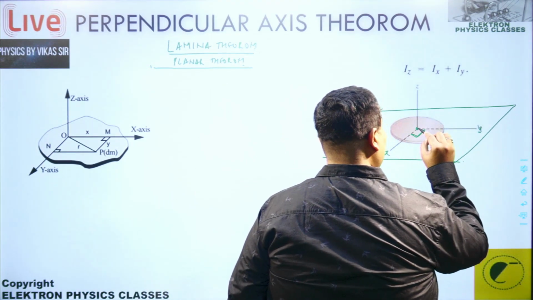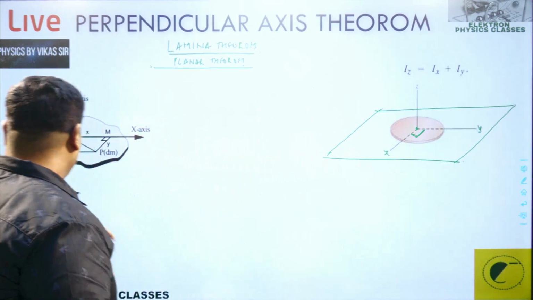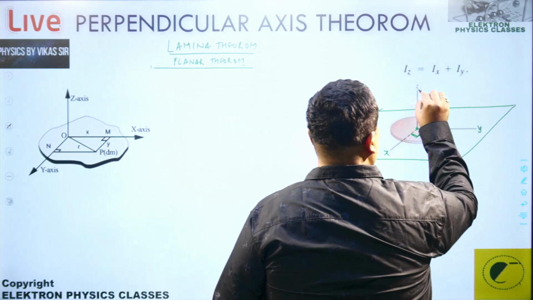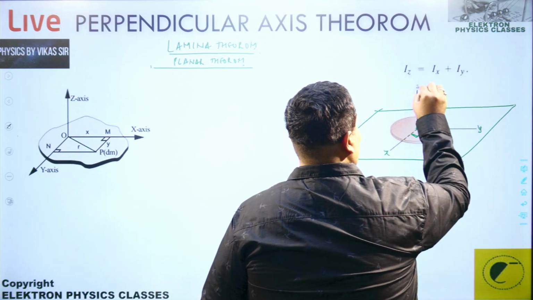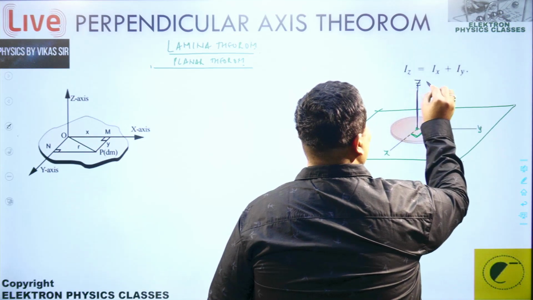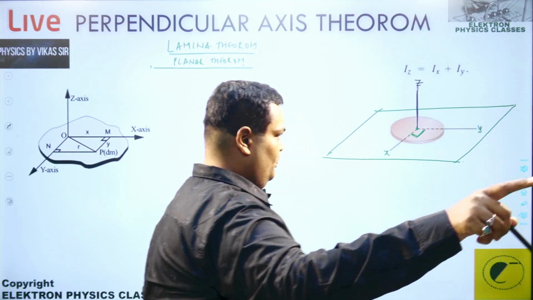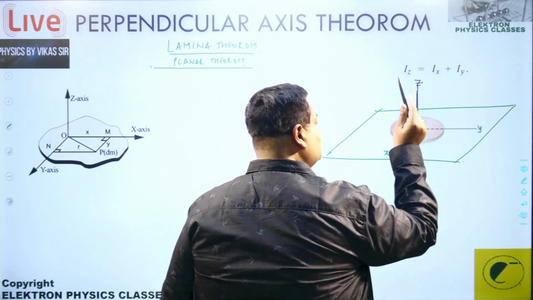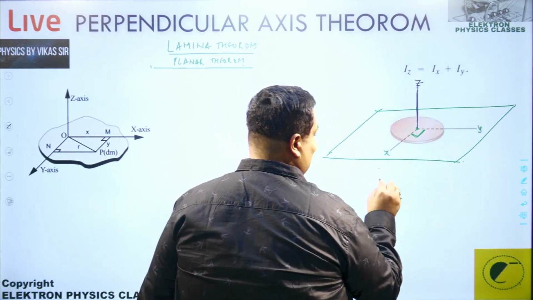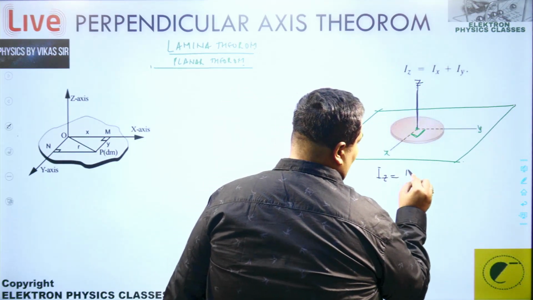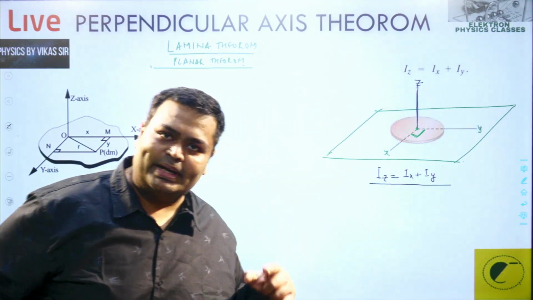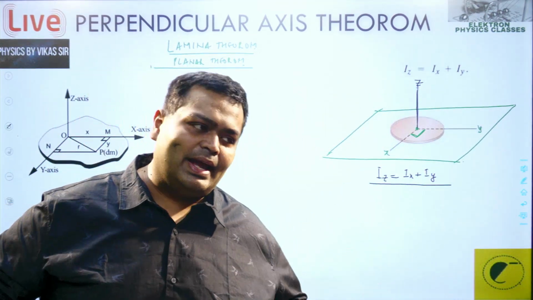From the same point where they intersect, I have a third axis which is perpendicular to the plane. That's the z-axis. So the theorem says that the moment of inertia about this axis, which is perpendicular to the plane, that is Iz, is equal to the sum of the moments of inertia about the two axes which were mutually perpendicular, intersecting and in the same plane.